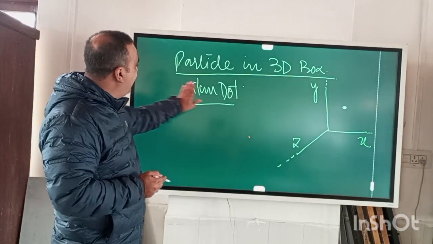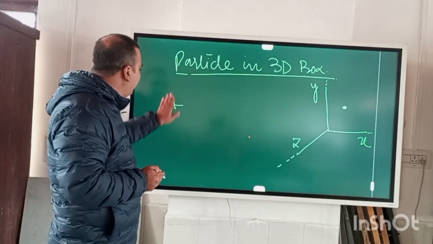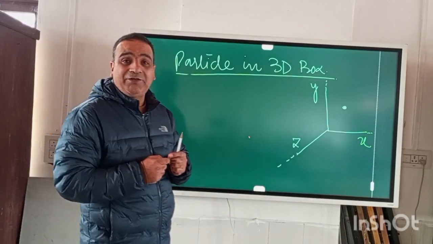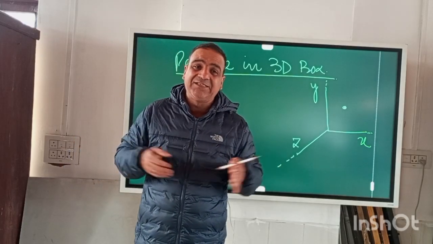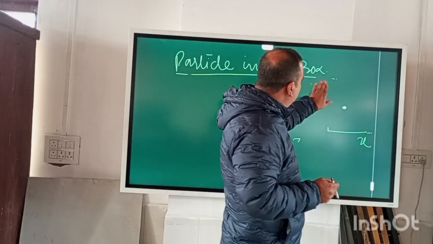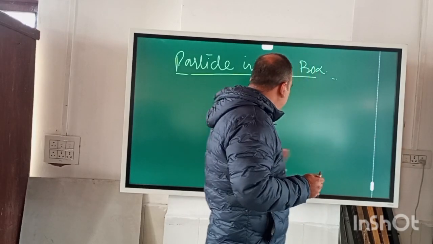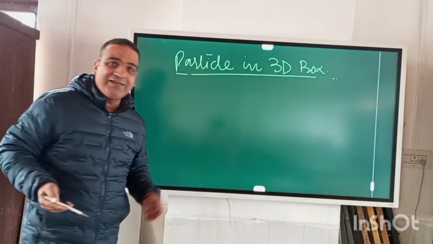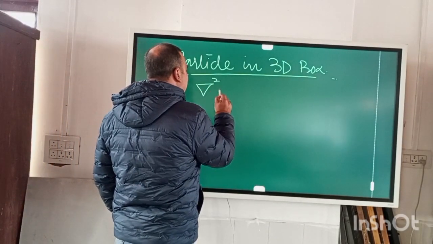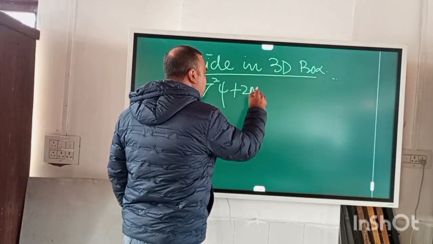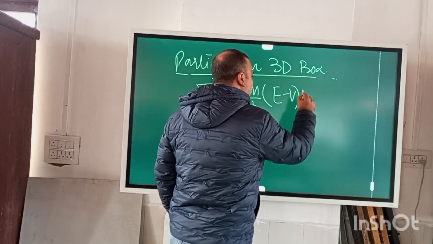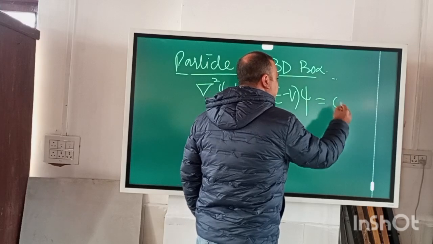As we have already discussed the problem of particle in a one-dimensional box, what we are trying to do is extend this discussion to 3 dimensions. So we have a starting equation, right? The basic equation is the Schrödinger equation. So what is the Schrödinger equation? It is del square psi plus 2m by h bar square into (E minus V) psi equal to 0.